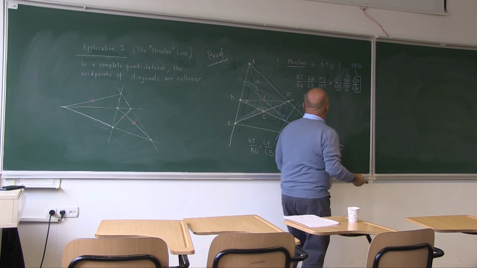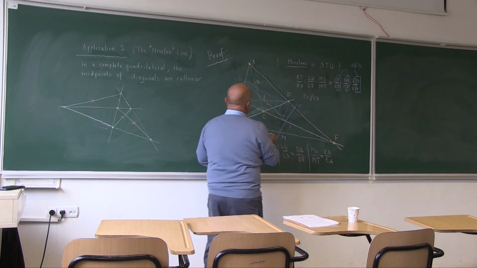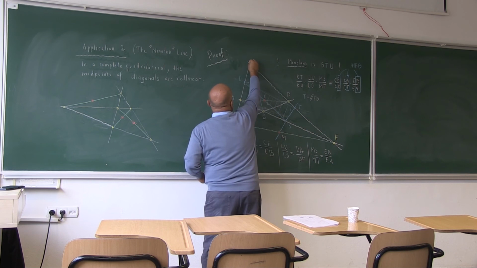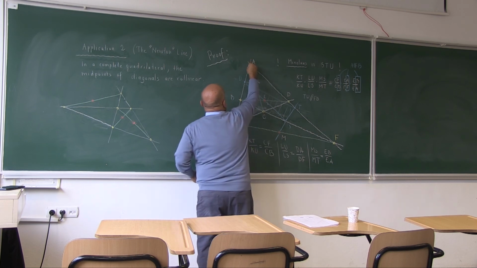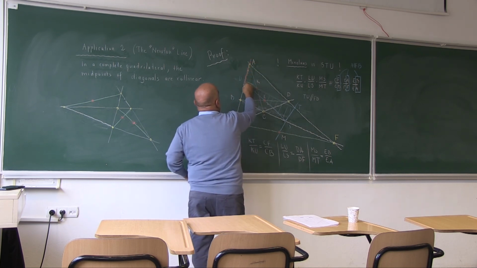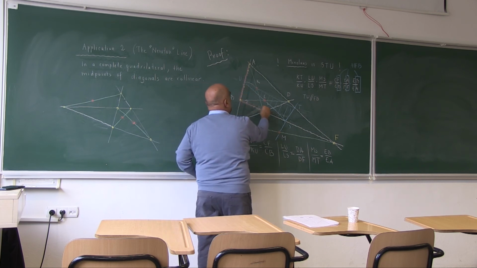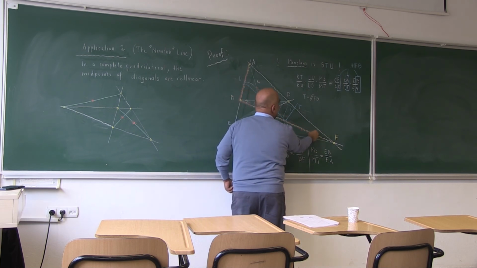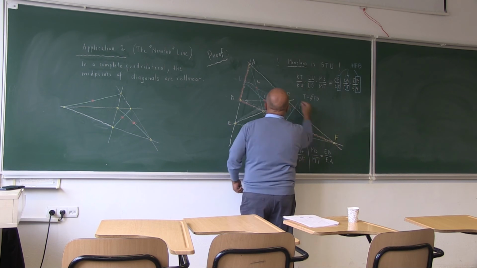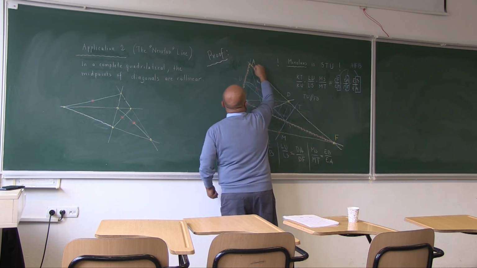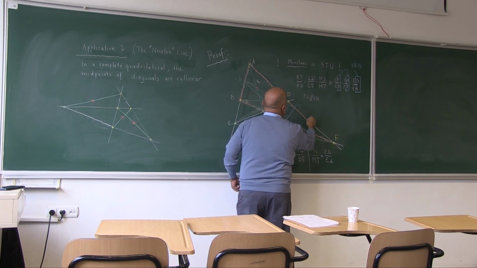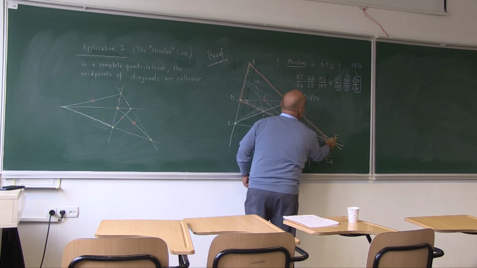Okay? Now I must invite you to look at this triangle. So this is the last step. Let me disfigure everything by pointing out this triangle. Now, what's happening on this triangle?